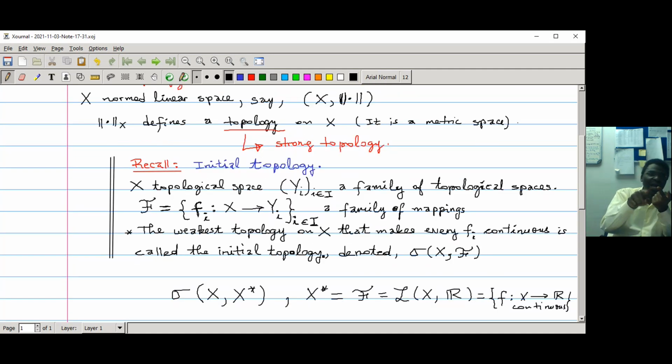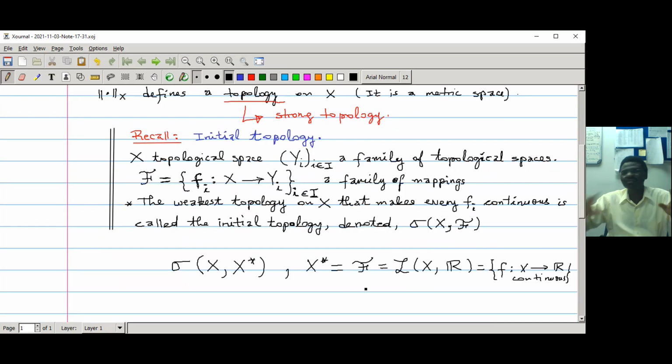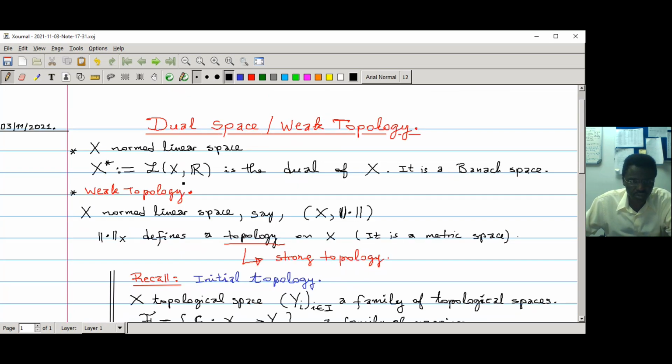So that is our I, there are infinitely many. It's a set. The subscript is just to count, but here you have infinitely many. No one knows. You can consider as many as you want. So that is the connection between initial topology and weak topology.